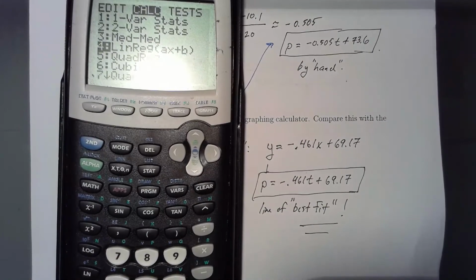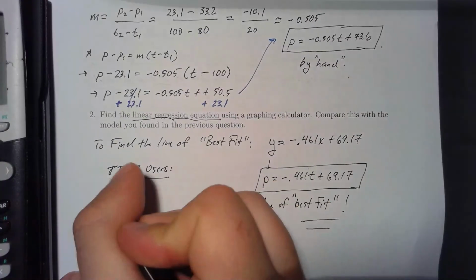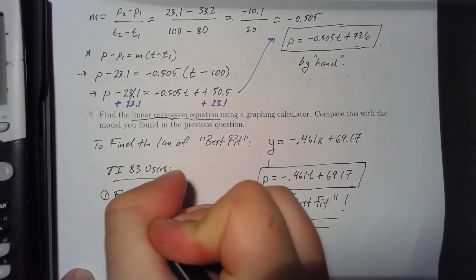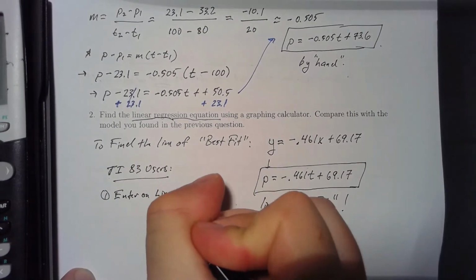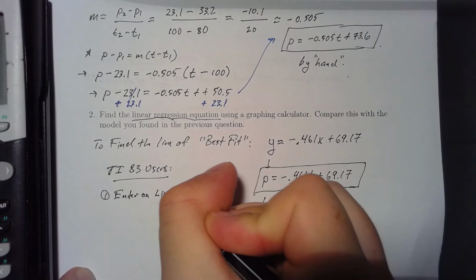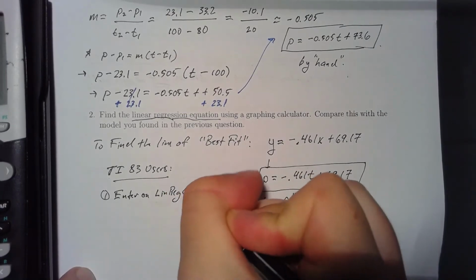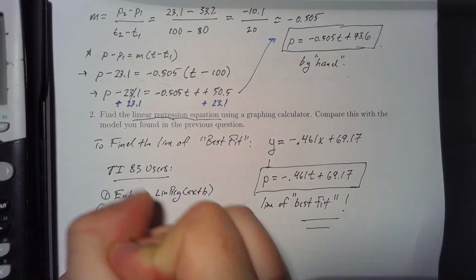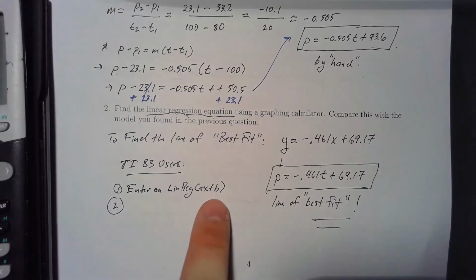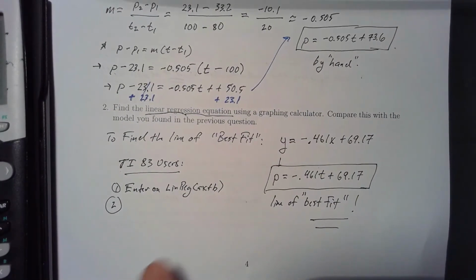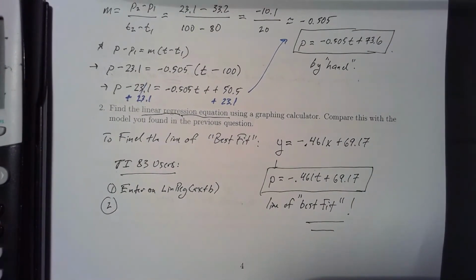So once you hit enter on linreg ax plus b, the next thing you're going to do is this.